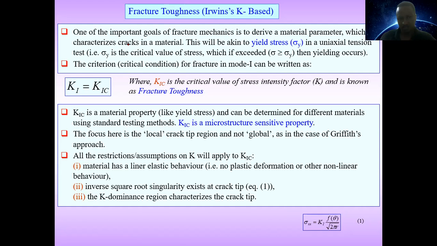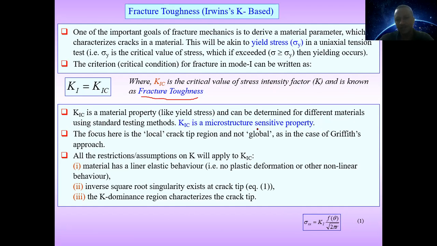The criterion or critical condition for fracture in mode 1 can be written as K1 is equal to K1C. This is the critical fracture toughness, where K1C is the critical value of the stress intensity factor, known as fracture toughness. K1C is a material property, like yield stress, and can be determined for different materials using standard testing methods.